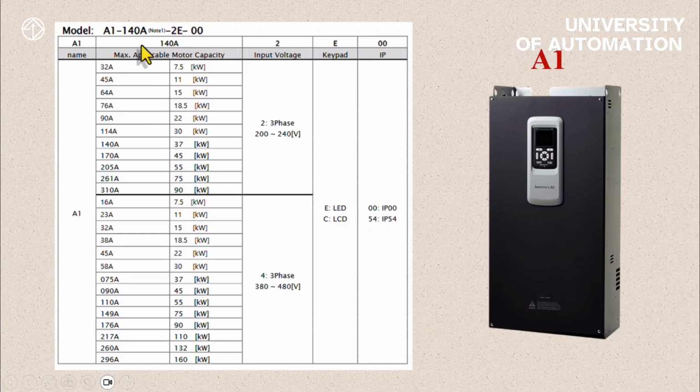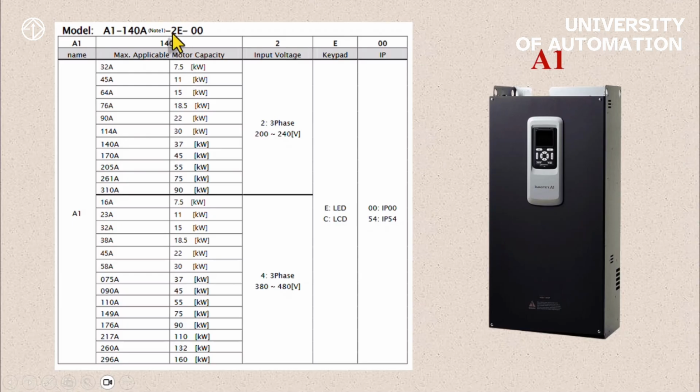After the power of our device is determined, the number after the second dash specifies the input voltage of our inverter. According to this nameplate, if the number after the second dash is 2, our input voltage is 3-phase 220 volts, and if it's 4, our input voltage is 3-phase 380 volts.